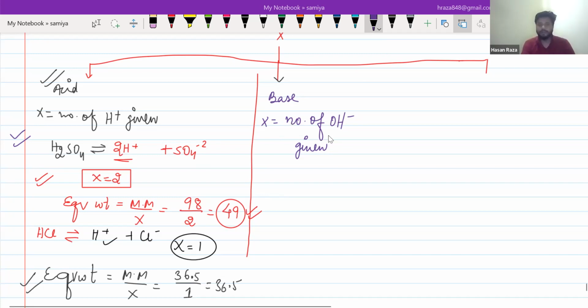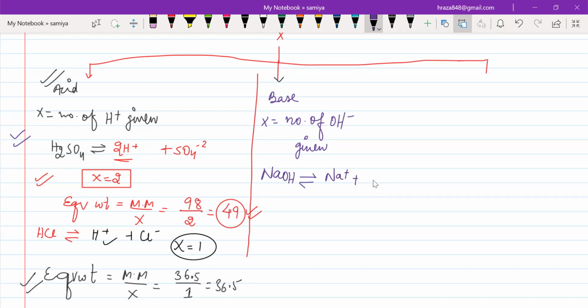I'll change the network. X is equal to the number of OH minus given. So if we have NaOH, can anyone tell me how many OH minus it will give? One.